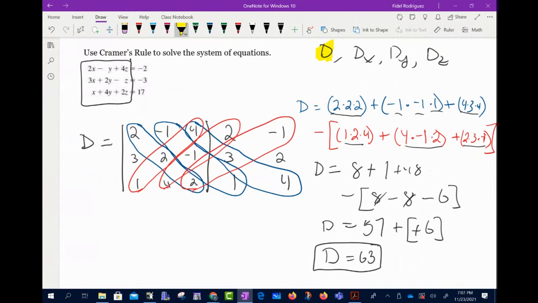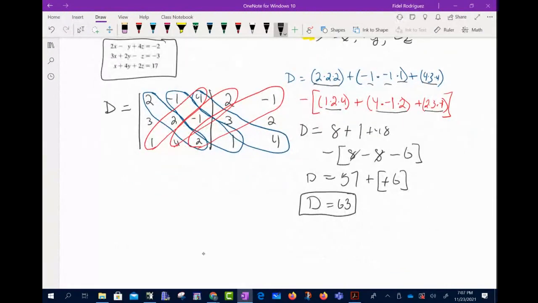Okay. So look, we're going to do the dx part. So let me clean up this mess. Okay. Remember what the dx part says? Let's look at this thing right here. And I'm going to zoom out just a little bit so I can start writing how I'm going to do my dx. Okay. Remember, I'm going to take those x values, and instead of using those x values, I'm going to use the numbers that I have on the right side, right?